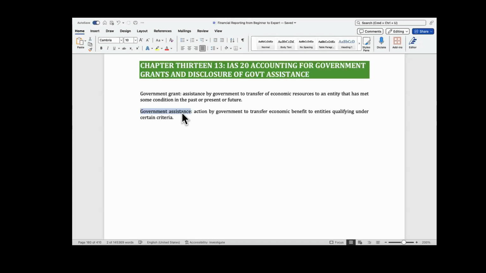That's government assistance. That's beyond government grants, because in that case it's not like the government is giving you money. The government is including themselves in your business through certain actions. So government assistance includes grants and some other non-monetary benefits that the government gives to you.